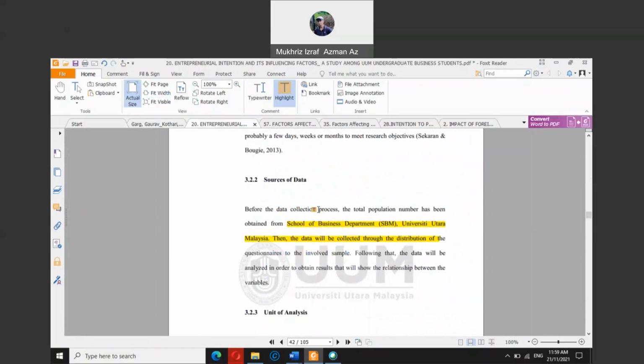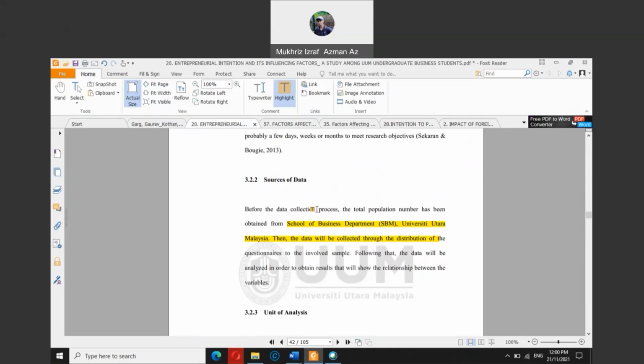If you're focusing on UUM, let's say the title of your project will be the intention to use Grab car, for example, or Grab services. I mean Food Panda or Grab Food among students of UUM.